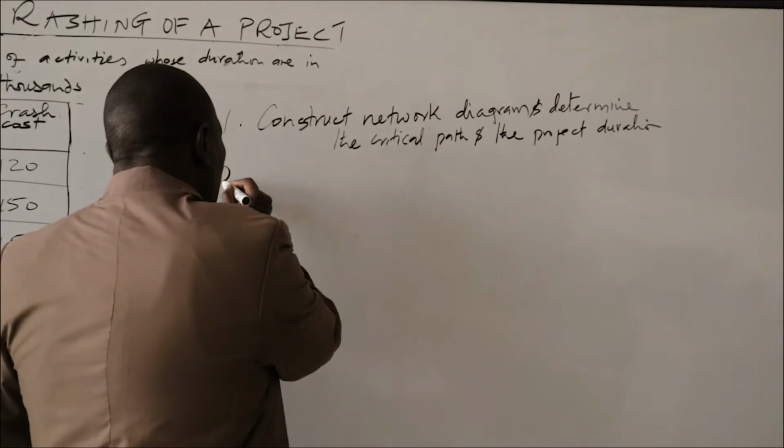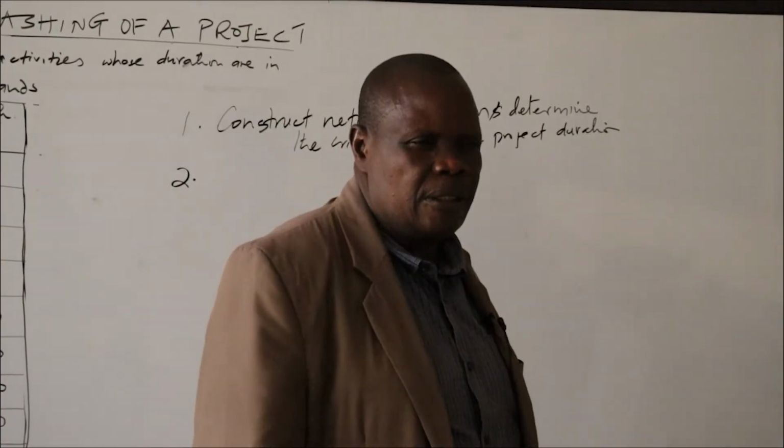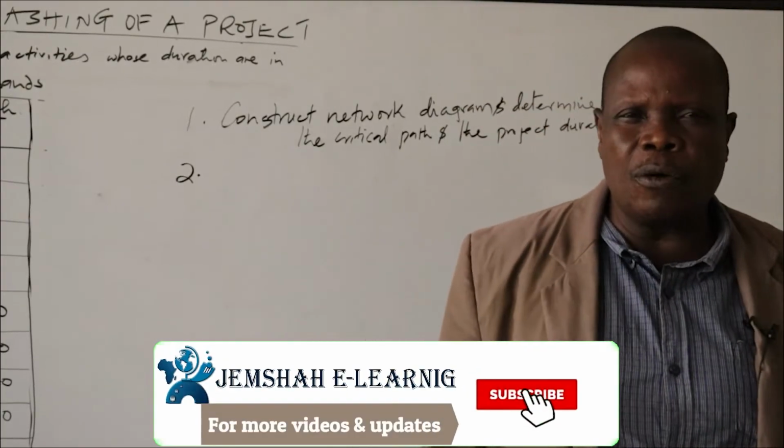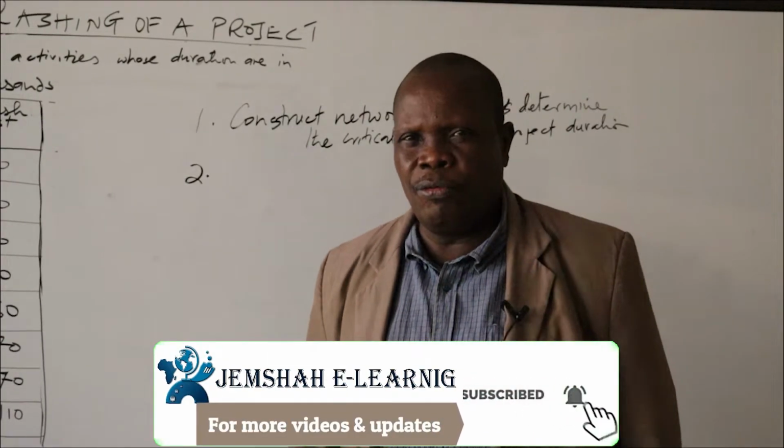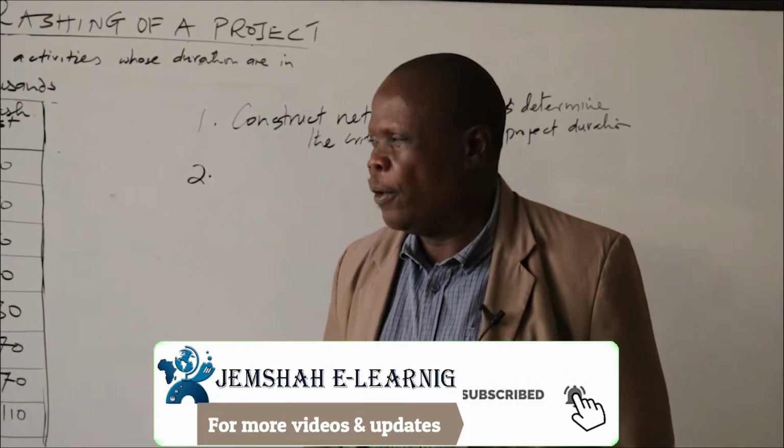Step number 2 of crashing is to calculate the cost slope for each activity in the project.